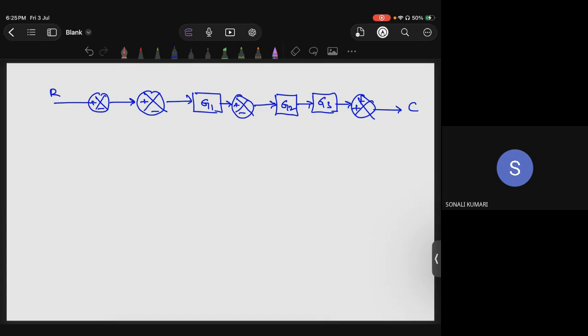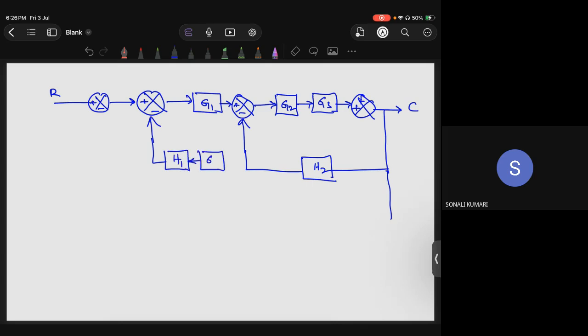You can write it parallel along with me. So H2, and here we have H1.